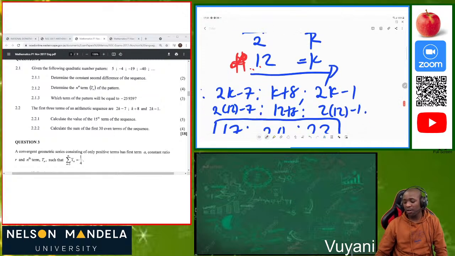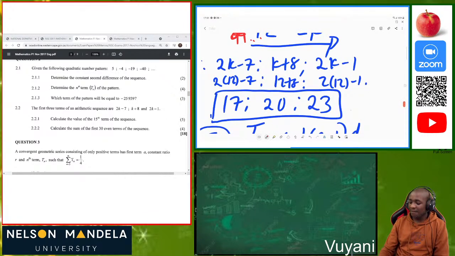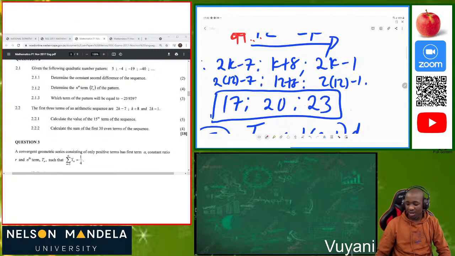After we found that the value of k is 12, we substituted it in the original pattern which we were given above, and we ended up having 17, 20, 23. So basically this is our pattern.